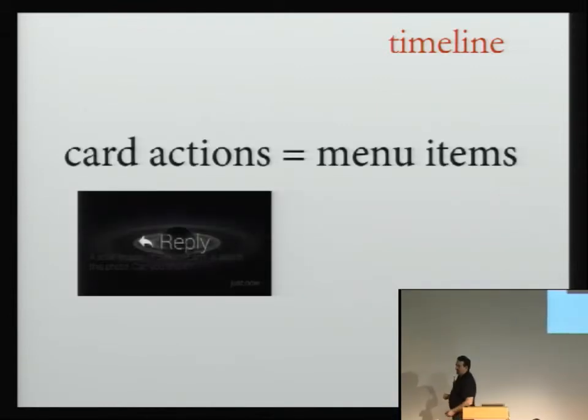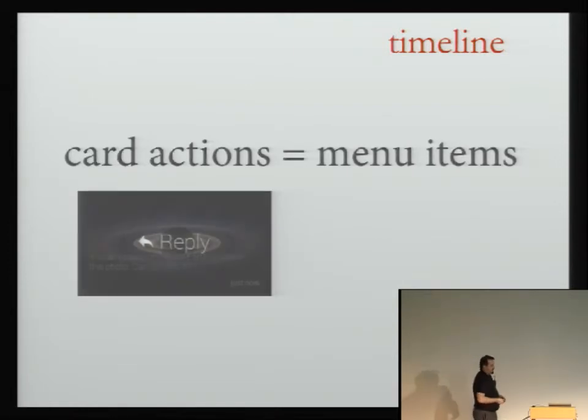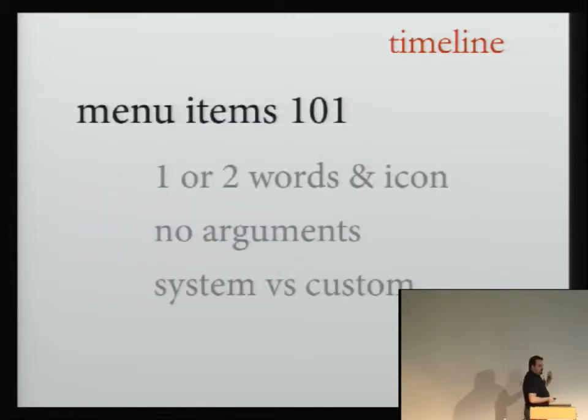Every card can have a contextual menu. It's called the actions and menu items. If I want to do something with the card, I can tap and see all the available options. That's a menu item. So menu items 101: just 1 or 2 words, 1 icon, simple to use, no arguments.